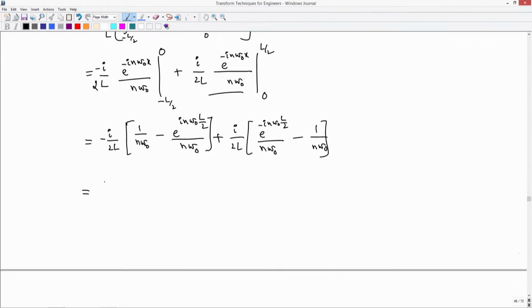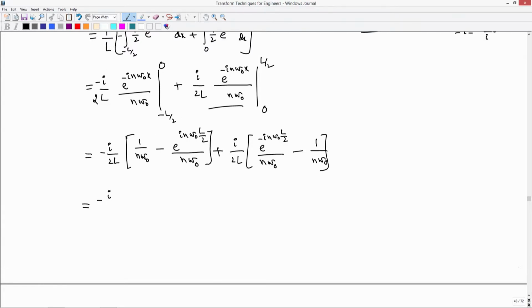So, you get minus i by 2 L n omega naught, and here also minus 2 i by 2 L n omega naught plus i by 2 L, right, i by 2 L e power i n omega naught L by 2 plus e power minus i n omega naught L by 2.